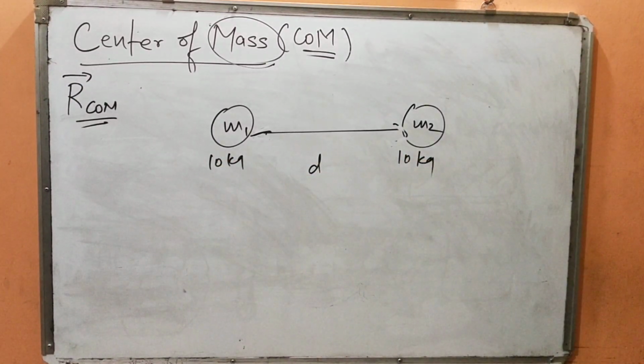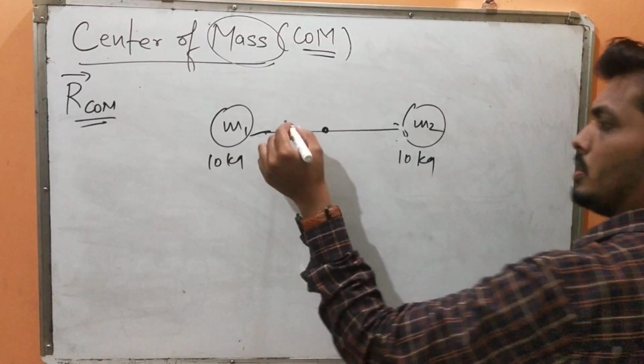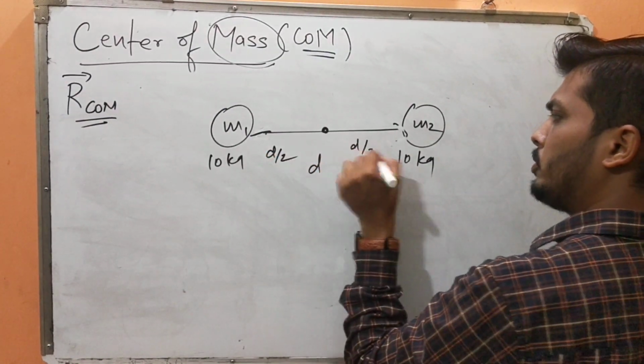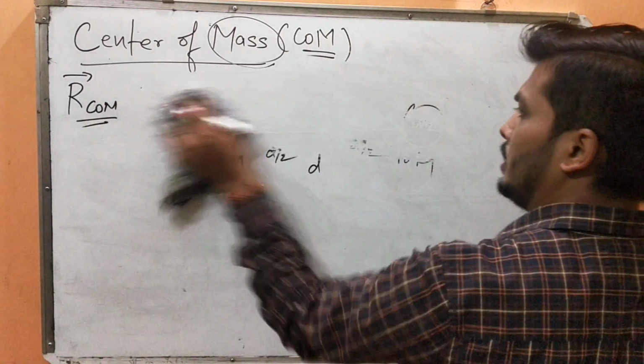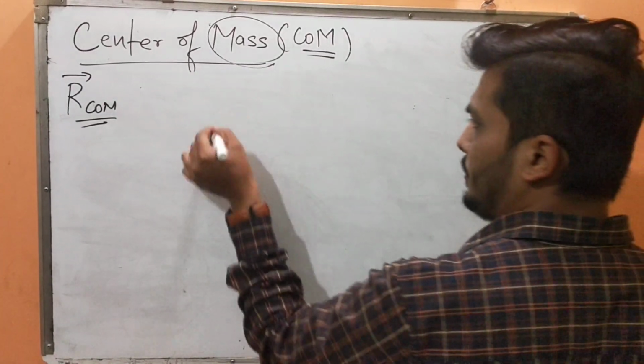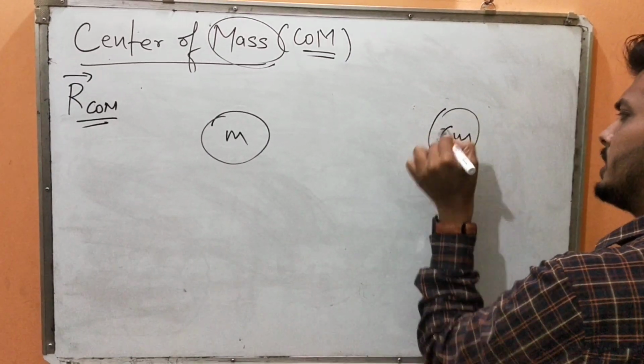Tell me, where is the center of mass of this body? Definitely it will be here. So D by 2 from here and D by 2 from this side is the center of mass of this body, right? Suppose there is one more body of mass M and here mass 6M.